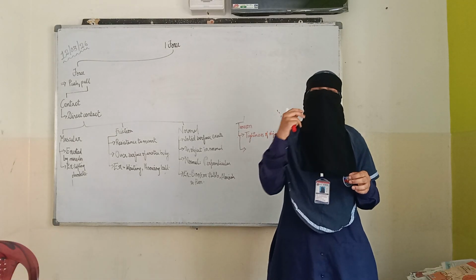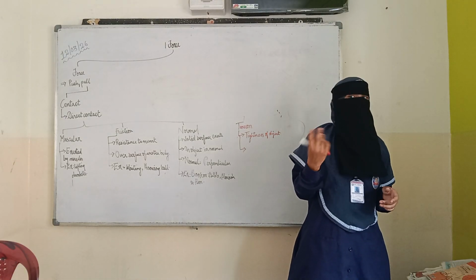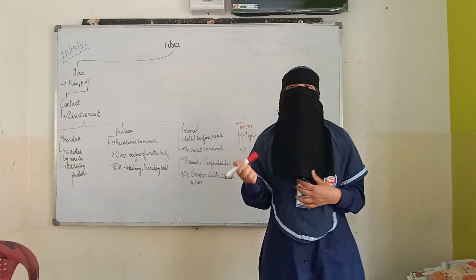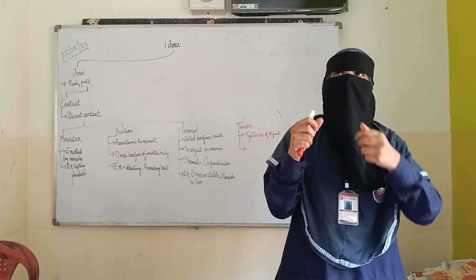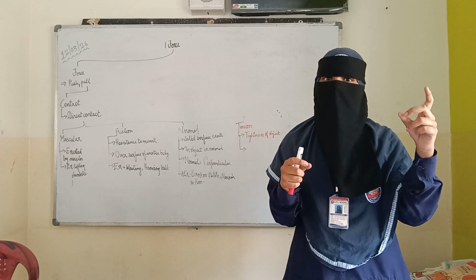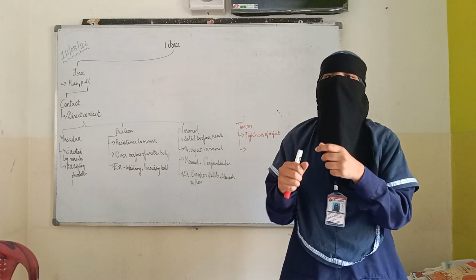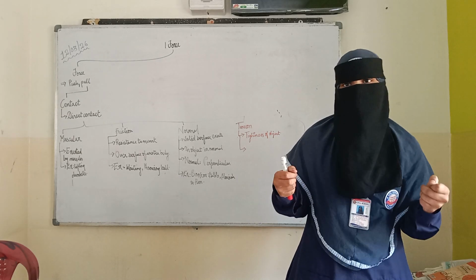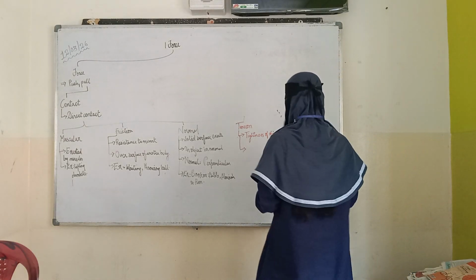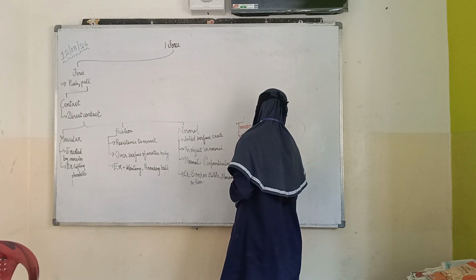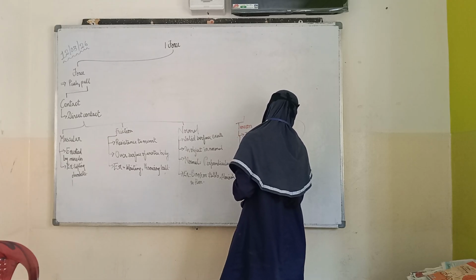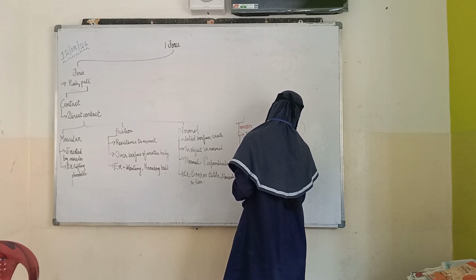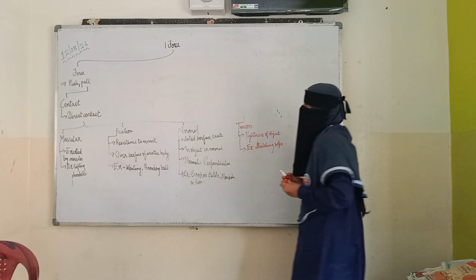Why does it break? Because of tension. So the tension is between a stick and the object by which it is getting stretched. So the example is stretching a rope.